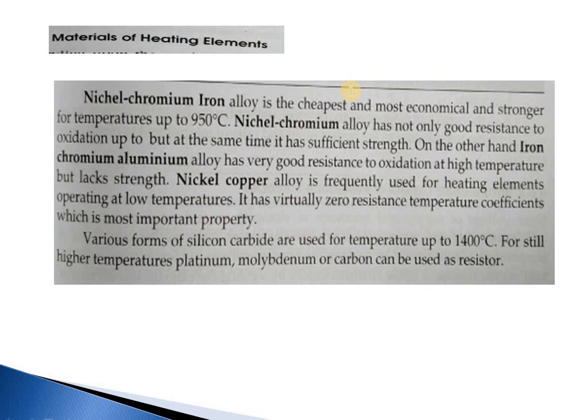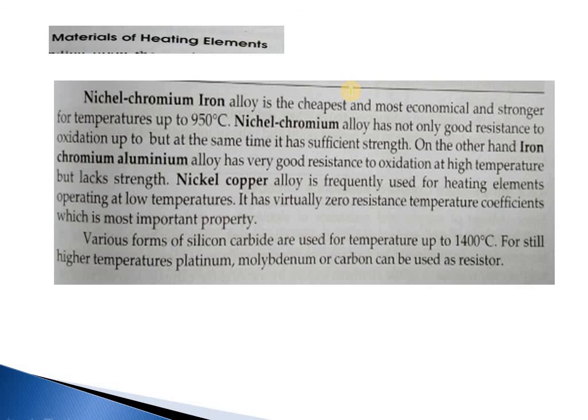Depending upon the amount of temperature rise, we will use different kinds of material. If our temperature requirement is up to 950, then we can use nickel chromium alloy, which has very good resistance. But if we need a much higher temperature like 1400, we have to use silicon carbide.